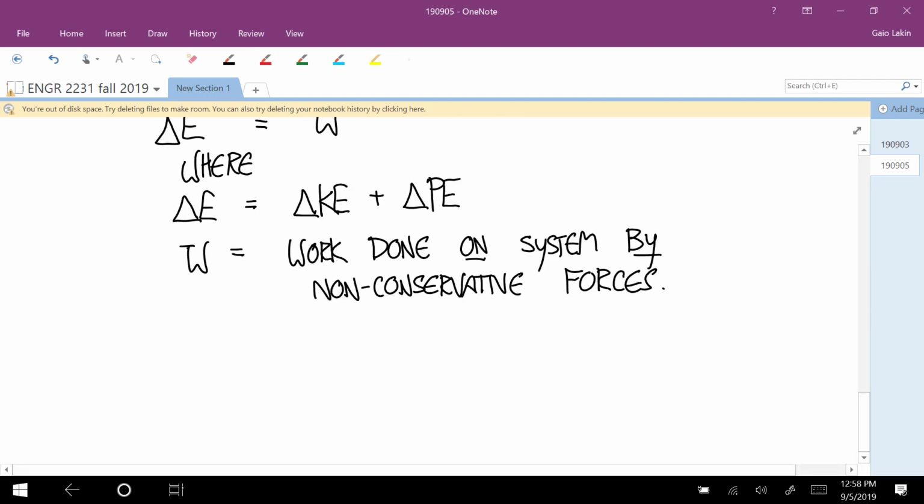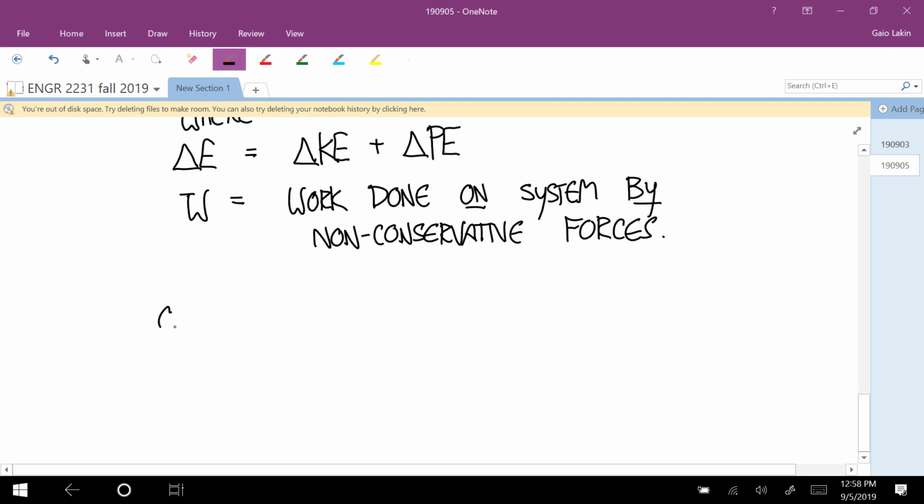Okay, so what's a conservative force? Anyone remember? Yes, that is one. And that's the most important one. Anyone remember the definition of conservative forces? That's right.